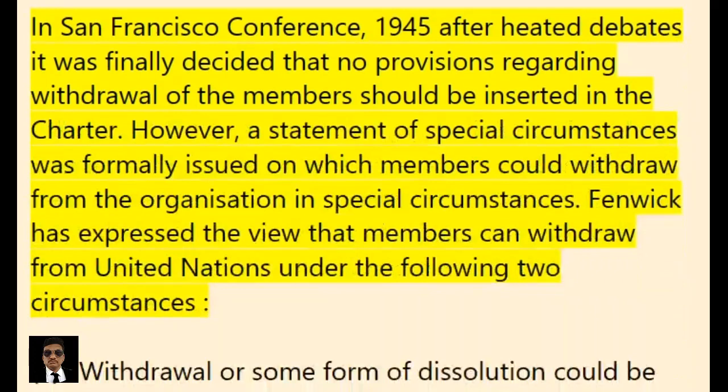In the San Francisco Conference, 1945, after heated debates, it was finally decided that no provisions regarding withdrawal of the members should be inserted in the Charter. However, a statement of special circumstances was formally issued on which members could withdraw from the organization.